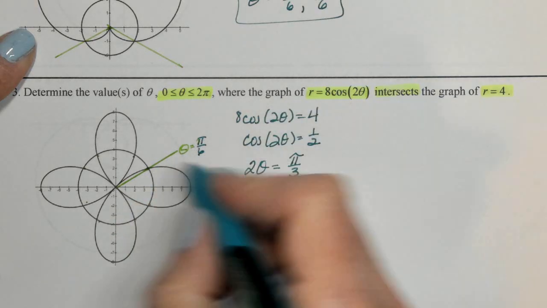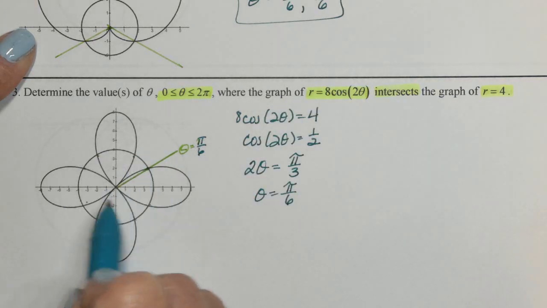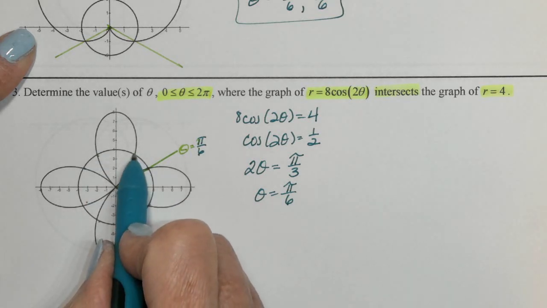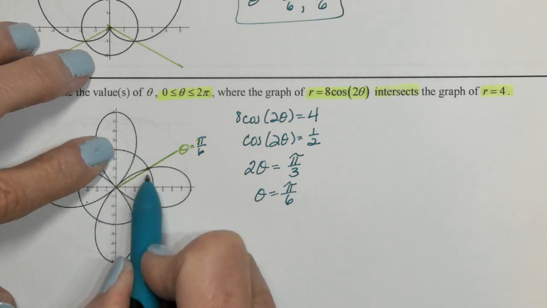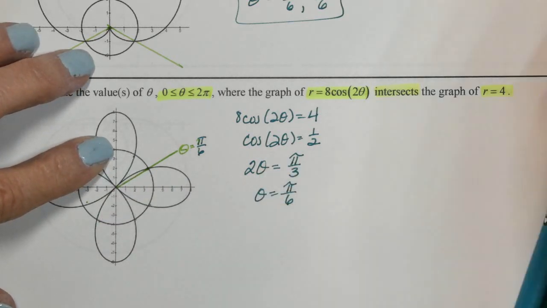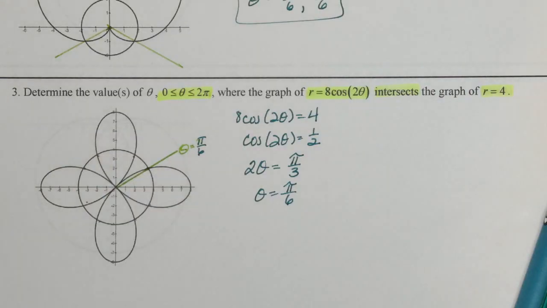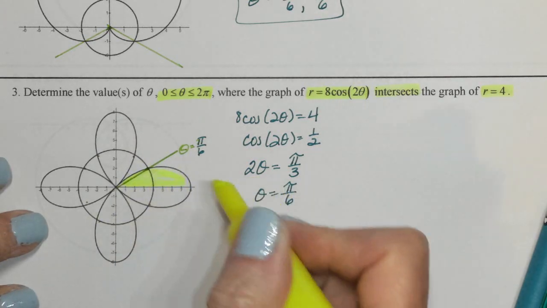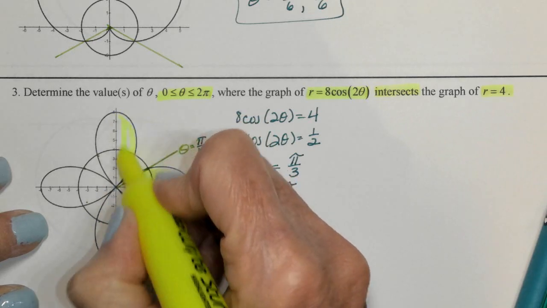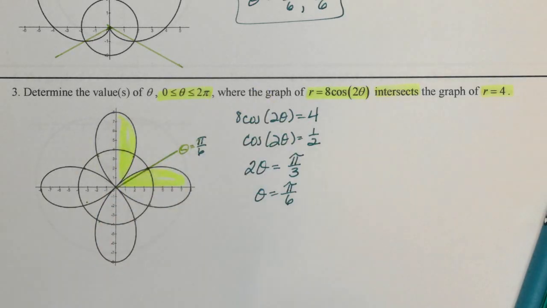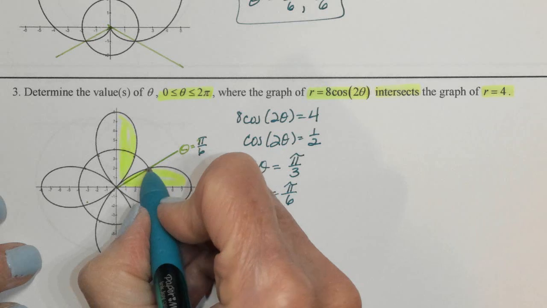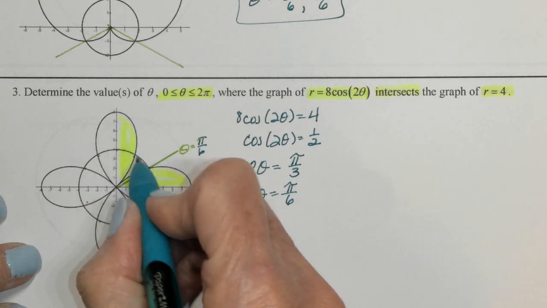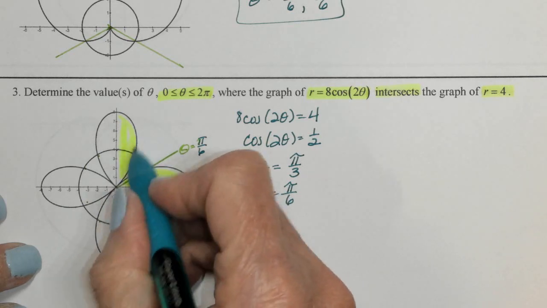Right? So using symmetry, what must be the remaining theta values? This one will be pi over 6. Do you agree that, let me get a little highlighter out, this half of the petal is the same as this half of the petal, right? That means that this theta value is the same as pi over 6 taken away from pi over 2. That will be pi over 3.